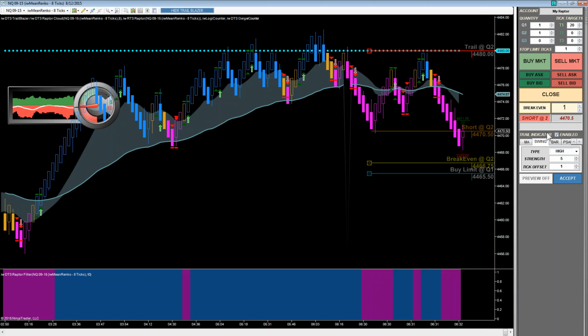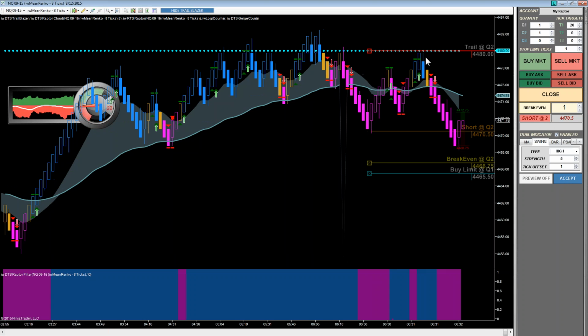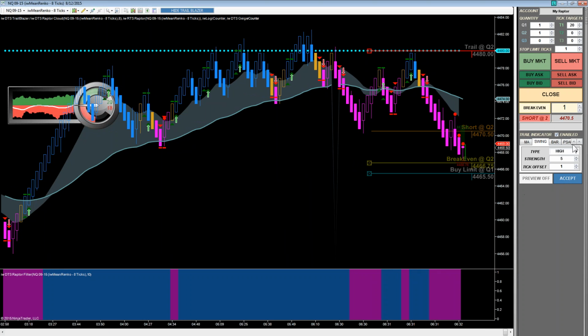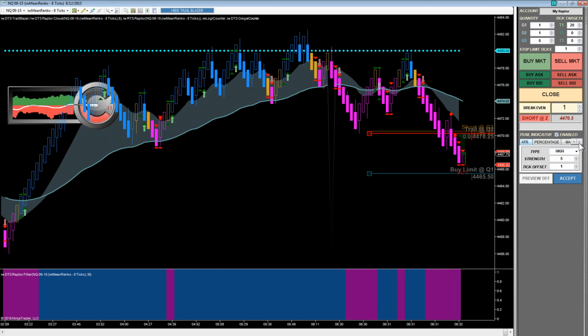Now, what I've done here is I've just enabled my trade manager. Well, this is the Trailblazer version of the trade manager, and it is automatically going to manage my stops on this particular trade. So once we hit the break-even trigger, I'm probably going to go to a different stop strategy, maybe something like the parabolics.